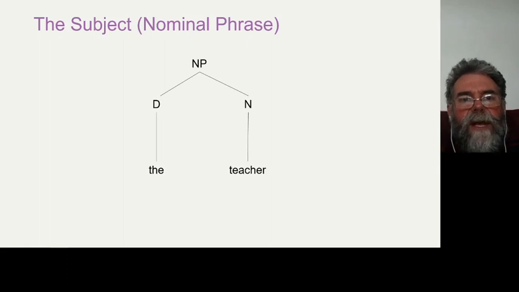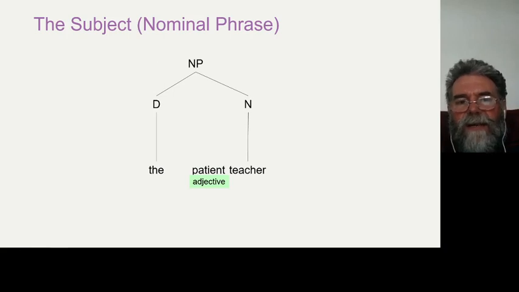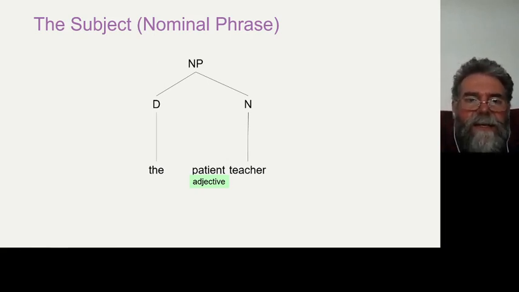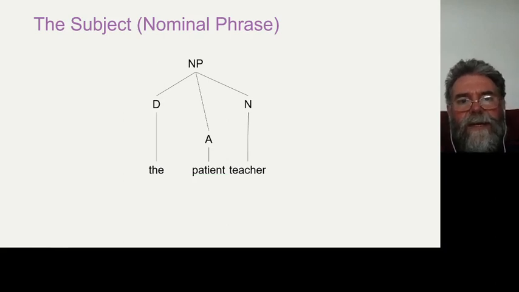That's not the only thing that we can have inside the NP either. We can put between those two words a word like an adjective, like the patient teacher. Again, you might think, therefore, that what we've got is an adjective position inside the NP, and that simply comes between the determiner and the noun. However, there's a bit more to be said about that in this case, because although we've got, in this case, an instance of a single word, we could expand that word into something bigger by adding something like very, for example. We have a very patient teacher. Now, it's fairly clear, I think, from this, we can see that very patient is something that goes together.